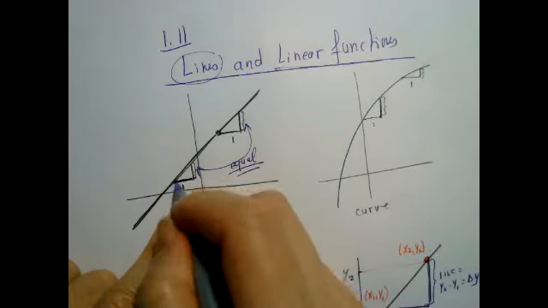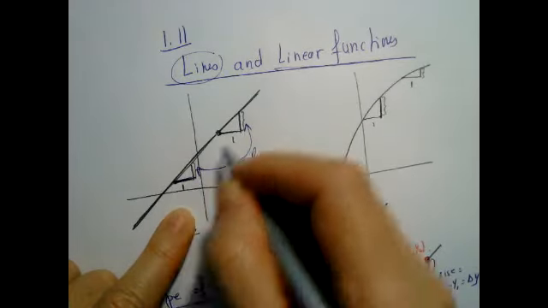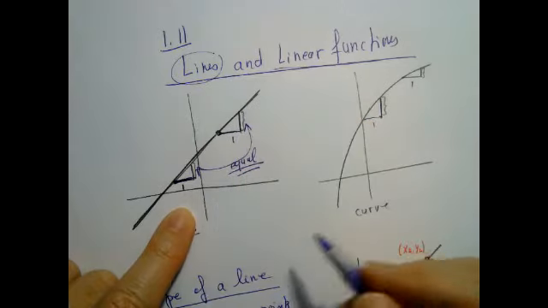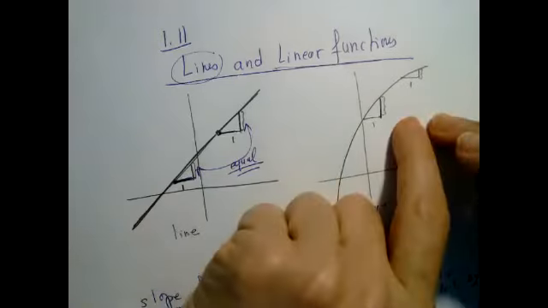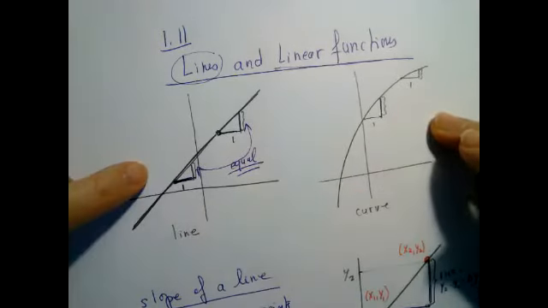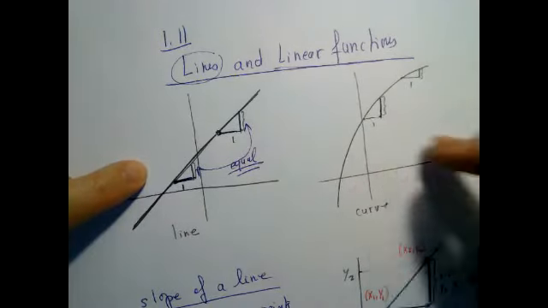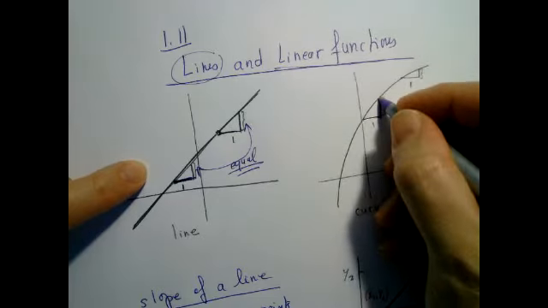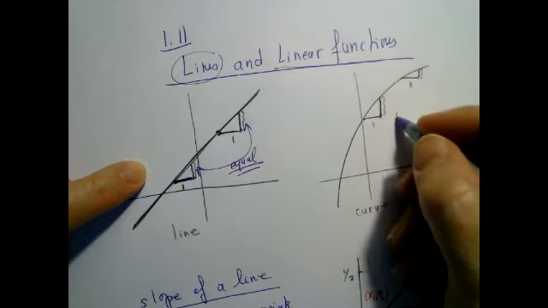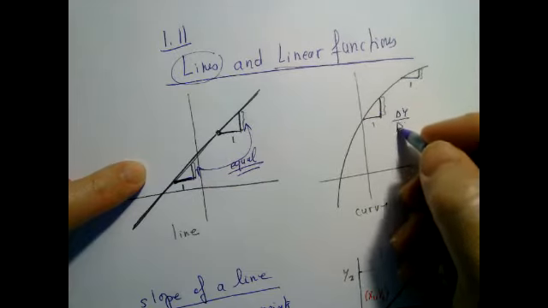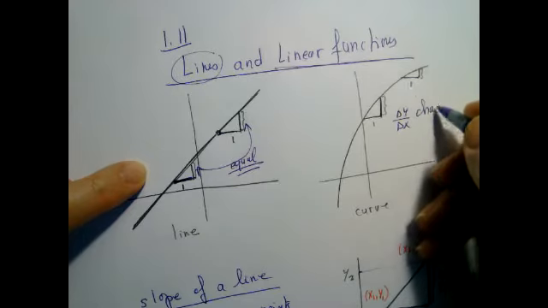So if you take delta x to be 1 on the line, the rise is always equal. On the curve, this doesn't occur. So there is no single slope for the curve. We only talk about the slope of the line, because here you go by 1, that's how much you rise. You go here by 1, you rise by much less. So in this case, the delta y over delta x is changing.